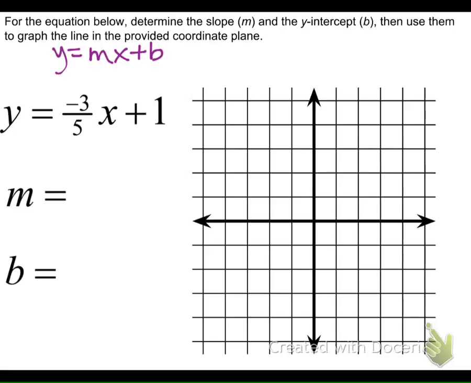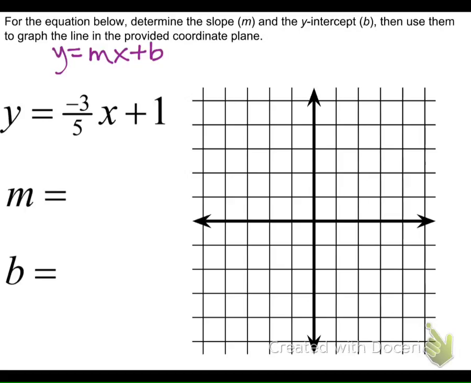So the m is going to stand for the... which, slope or y-intercept, is always multiplied by x? Is it the slope or is it the y-intercept that's always being multiplied by x? The slope. So the number that's by itself then is the y-intercept. Okay, so just a couple of things to remember.